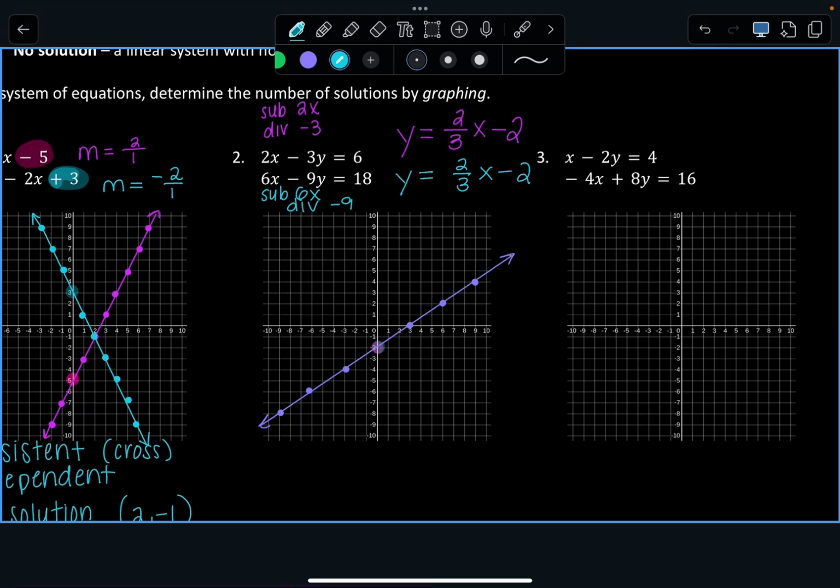Because those two lines cross, they are consistent. Consistent because they cross, but they're dependent because they're the same line.